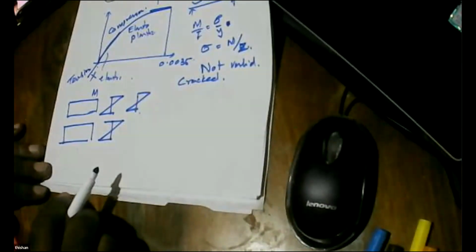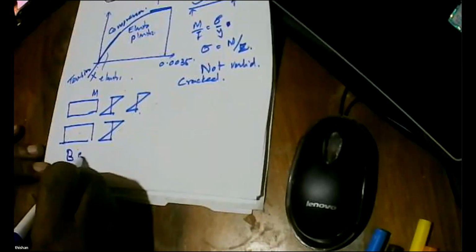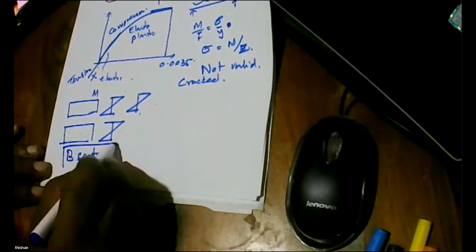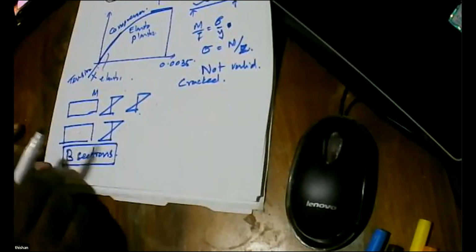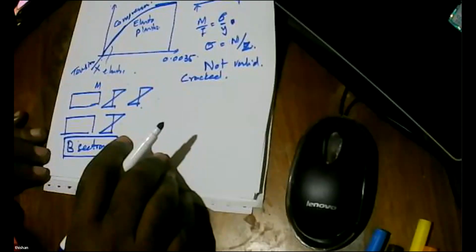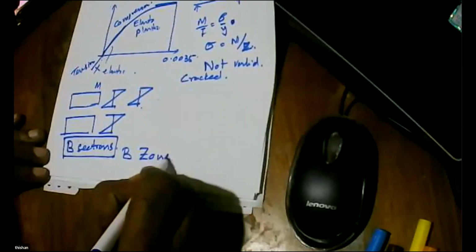Why? It's based on plane sections remain plane, and we call it B sections. Anywhere the plane sections remain plane, they are called B sections or B zones. Bending theory is applicable.